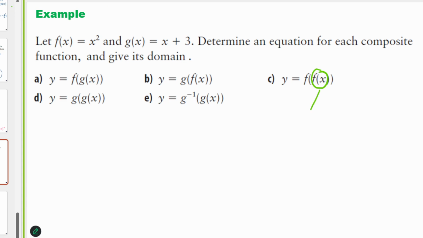So use f(x) as input, insert it here, right?